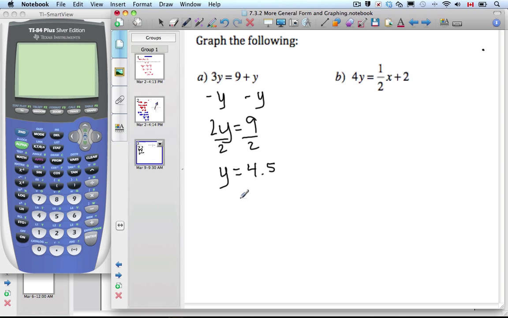Oh, we learned this before: y is always 4.5. So x can be anything. So that means my y can be 4.5 all along here. That's one of the ones we just have to understand, as opposed to just plugging in the algorithm.